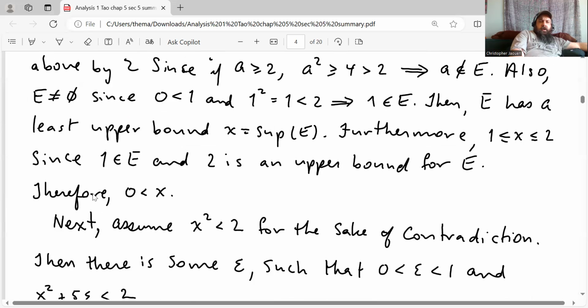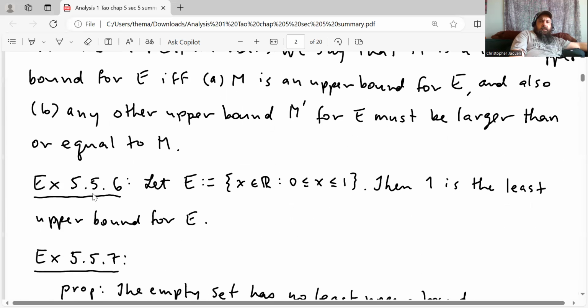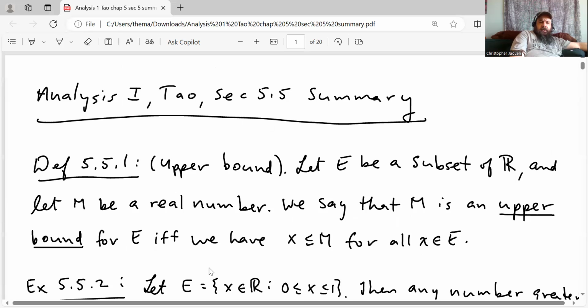It wasn't that long. There's a few problems in the exercise set, so let me just stop my screen share. In the next video, we'll do the exercise set. Exercises 5.5.2, 3, and 4 are lemmas that you need to prove that proposition about the existence of least upper bounds.